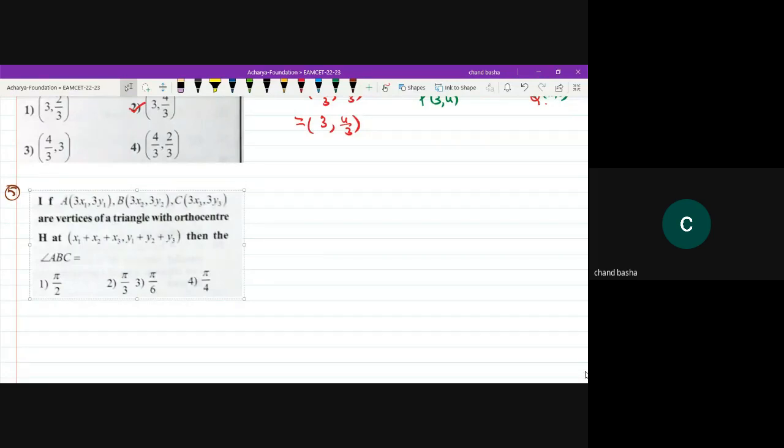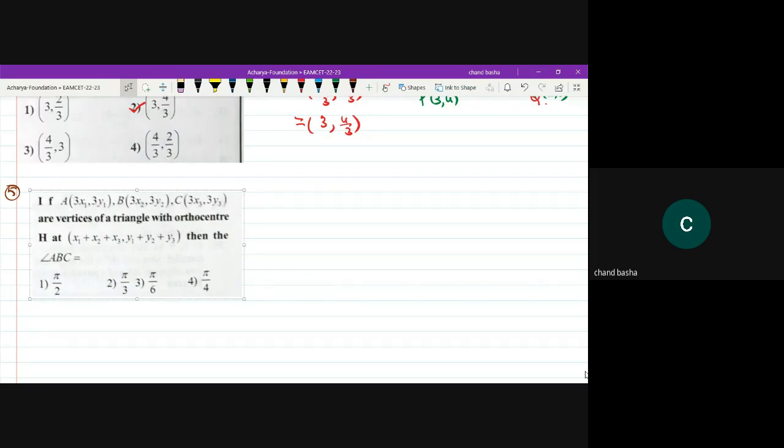As I said a number of times, whenever he is asking about orthocenter or circumcenter, we have some relation. The given triangle depends upon your centroid, because the simple process of finding the centroid is x1 plus x2 plus x3 by 3, y1 plus y2 plus y3 divided by 3.